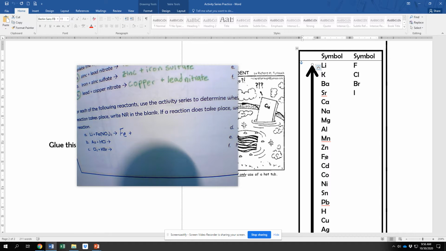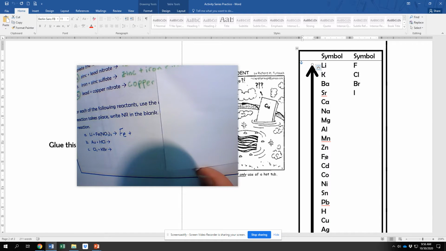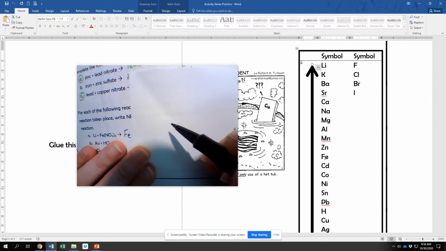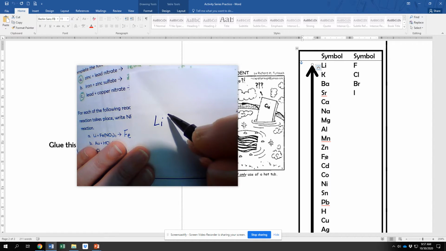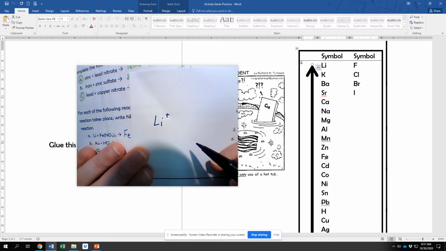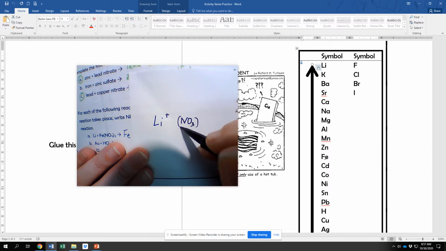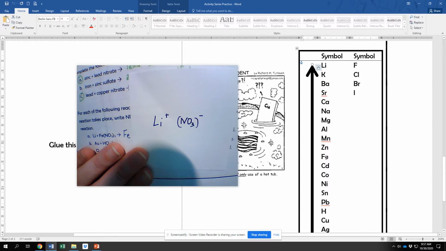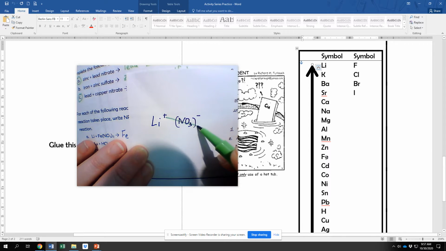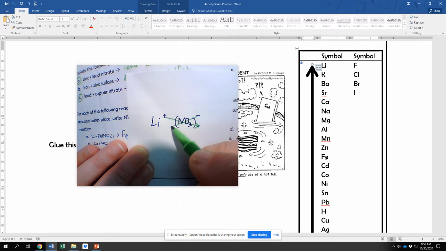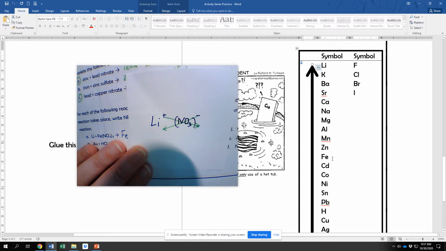Well, what's the formula for lithium nitrate? Lithium is over in group 1. Because it's in group 1, it has 1 electron to get rid of. Nitrate is NO3, 1 minus. It's one of those polyatomic ions. Right? So one of the polyatomic ions I asked you to learn. If we do the crisscross, we bring this one down here, this one down here.